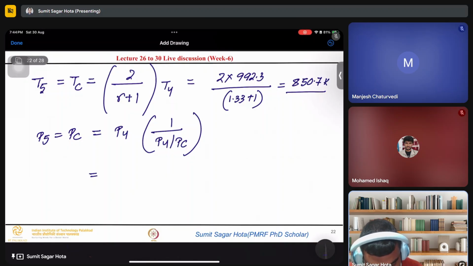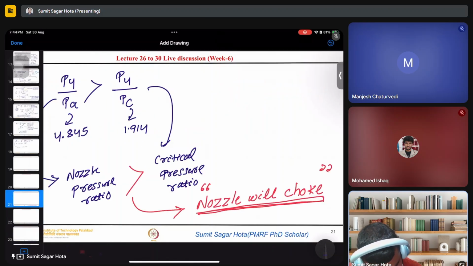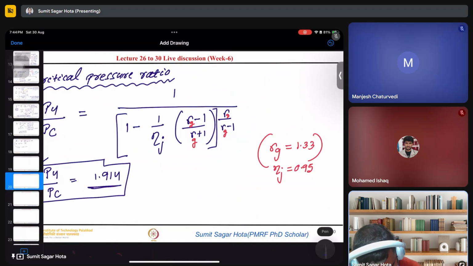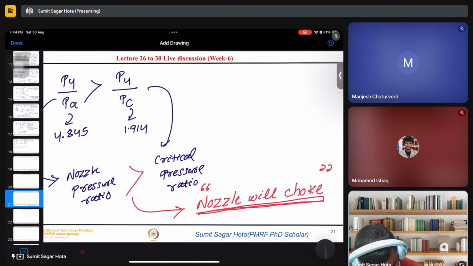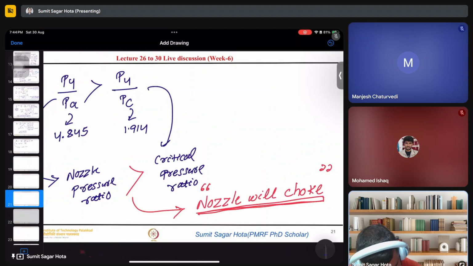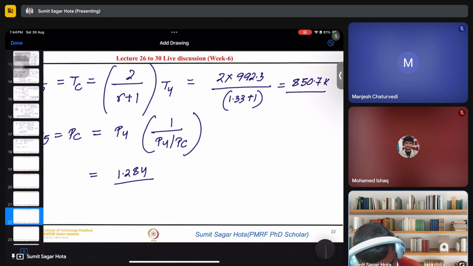P4 is 1.284 bar, and P4 by Pc is 1.914. Just substitute and you will get P5 as 0.671 bar.